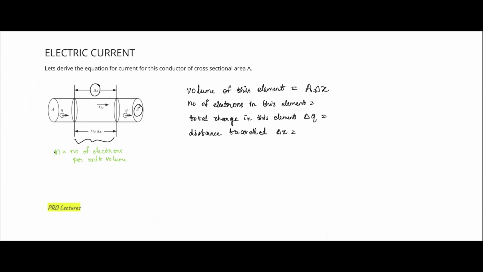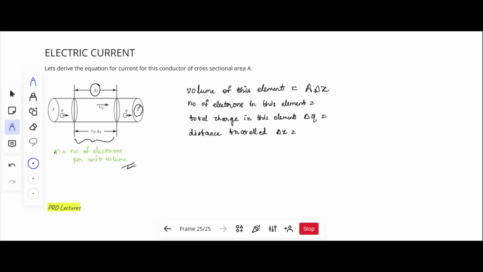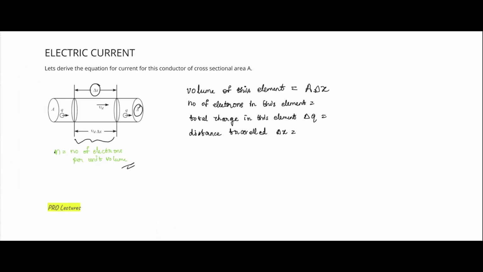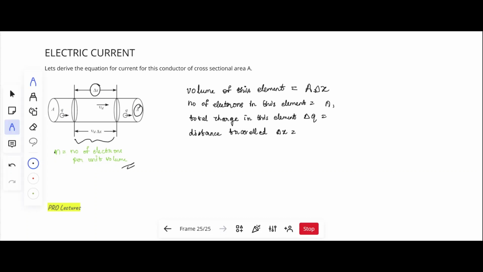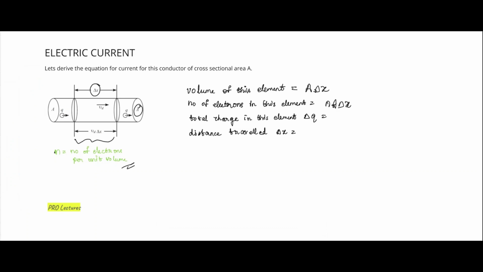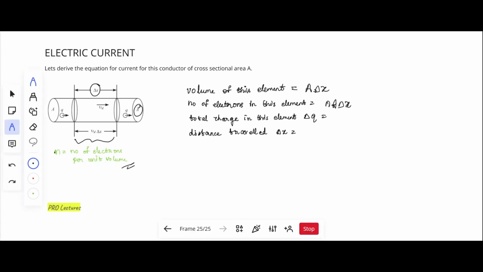If n is the number of electrons per unit volume, then the number of electrons in this volume element is nAΔx. If e is the charge on the electron, then the total charge in this volume element is given by ΔQ equals nAΔx e.